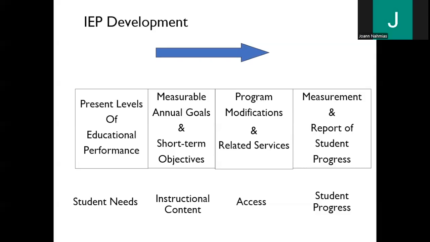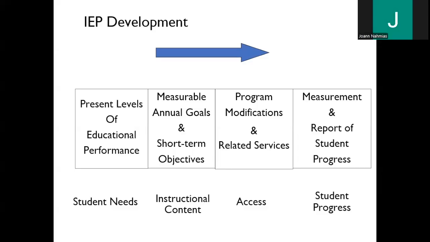Program modifications and related services indicate what supports the student needs to access the curriculum and school environment. That includes accommodations, assistive technology, therapy, and more. This section ensures that the student has access to the education.